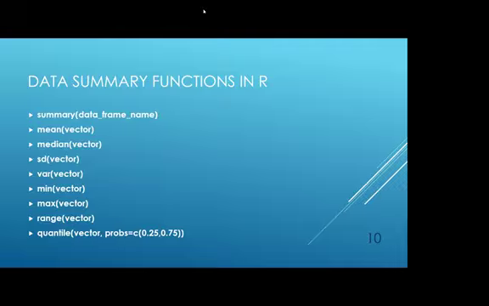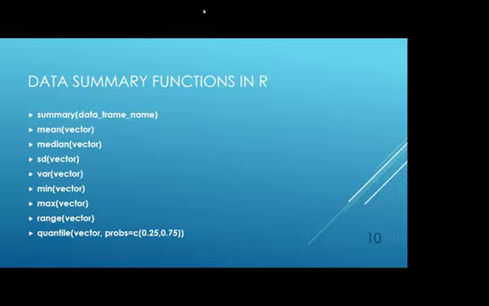Remember, it's very simple to start with. You just create a data set. I created the data set called X, which has some numerical data, and you just use the summary function on that data, and it will give you the output, some summarized values.